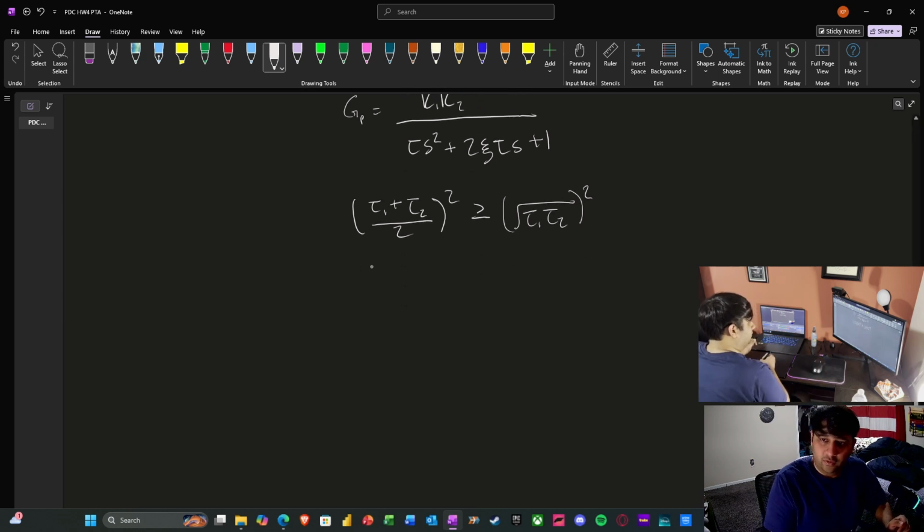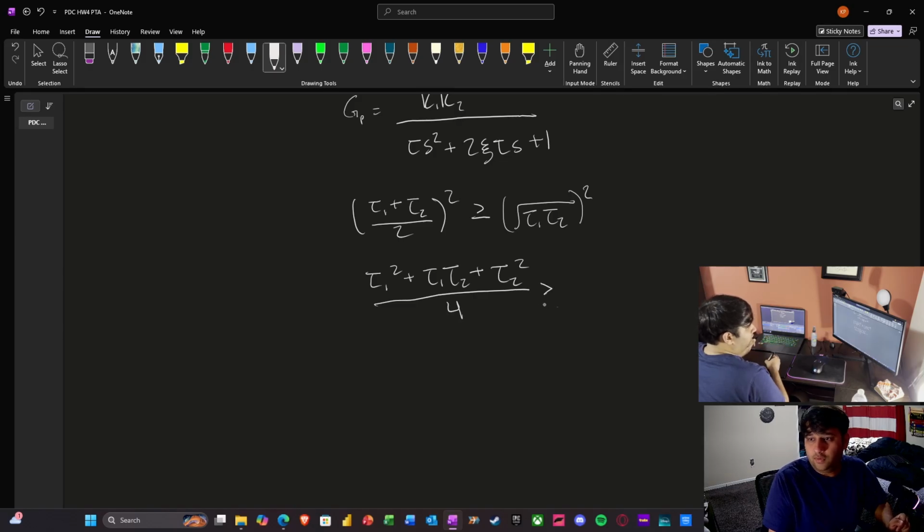And this would eventually become tau 1 squared plus tau 1 times tau 2 plus tau 2 squared over 4 is greater than or equal to tau 1 tau 2.